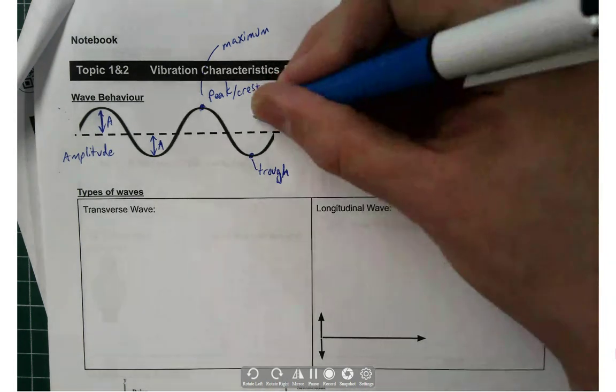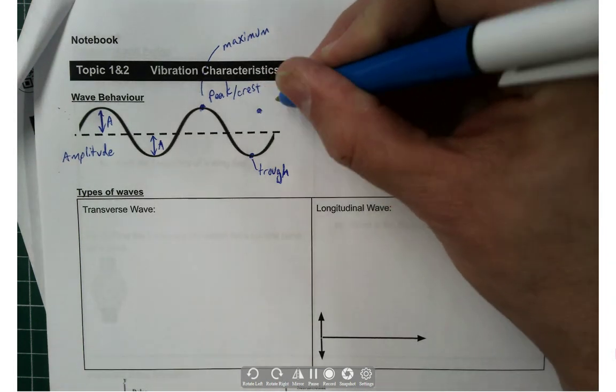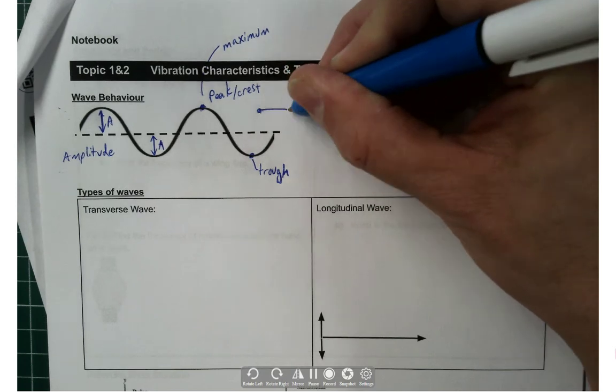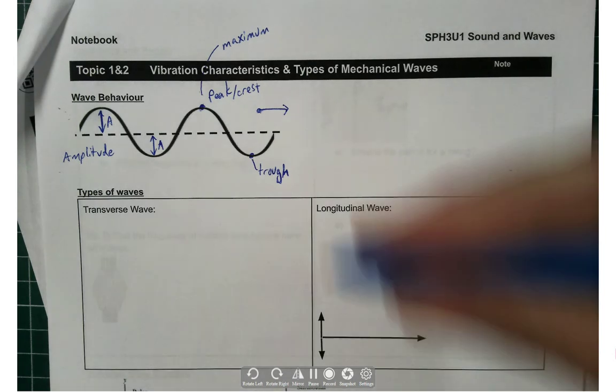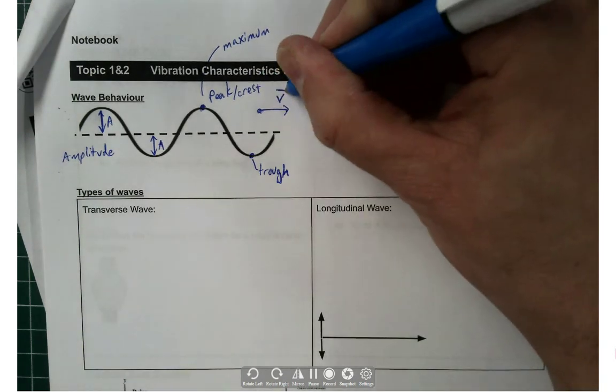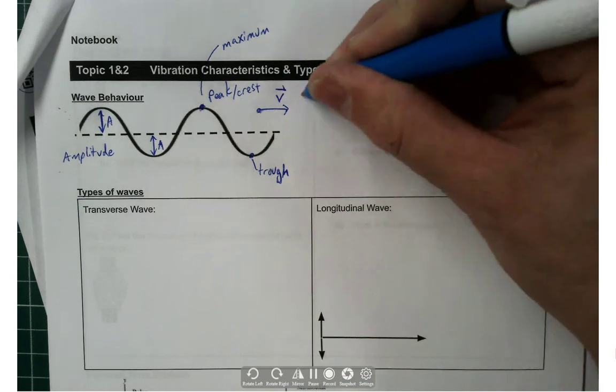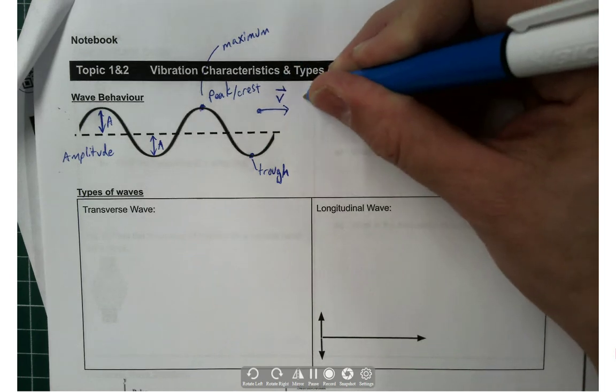Now, this wave looks like it's just a snapshot. And this is the problem with paper, that it's not animated. Because this is actually a picture of a wave that's traveling. It's a traveling wave, which is actually what it's called, and it has a velocity. That velocity indicates that waves have a direction of travel.